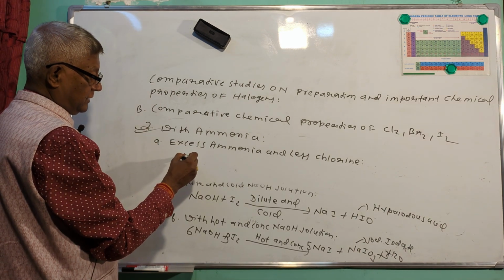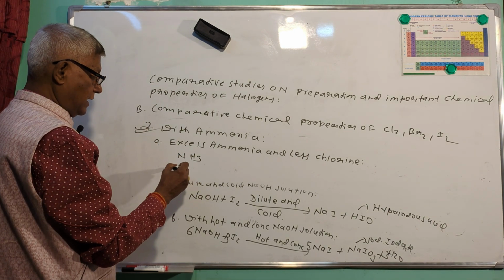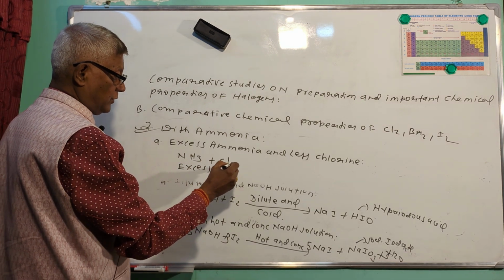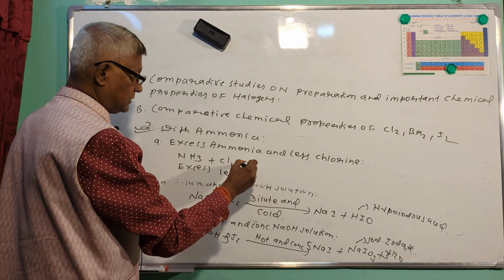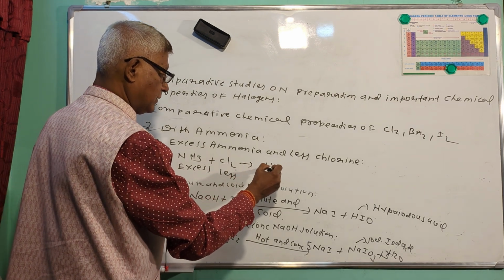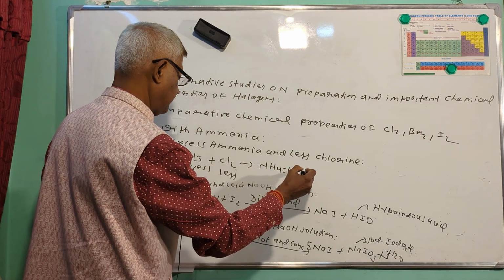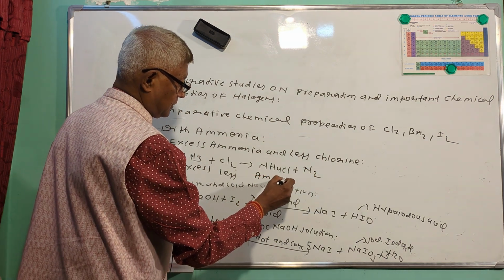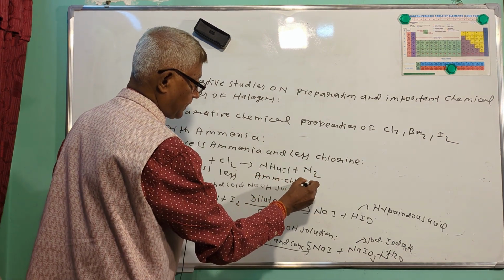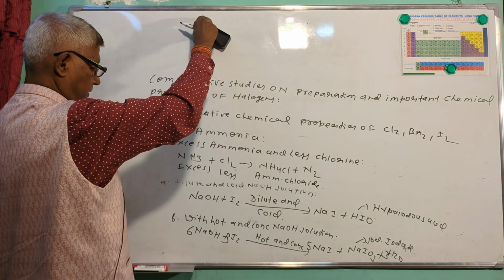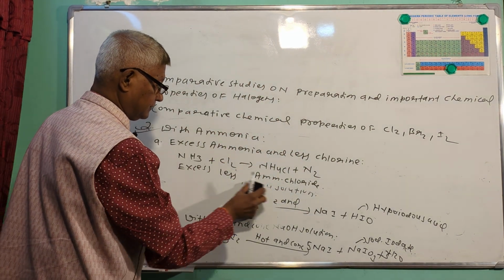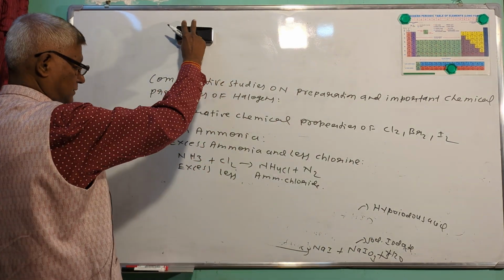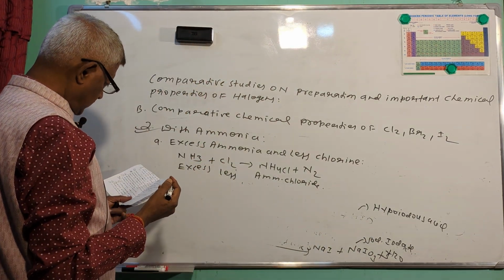So what do you see? Ammonia excess plus chlorine less. So what do we have? Ammonium chloride plus nitrogen. That is ammonium chloride.